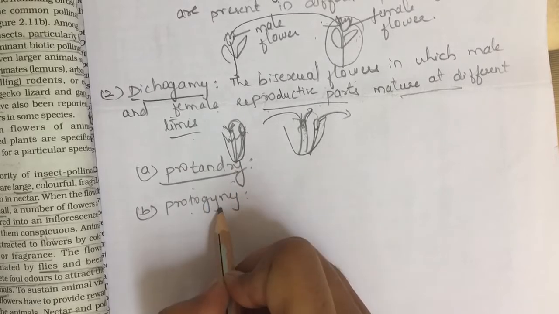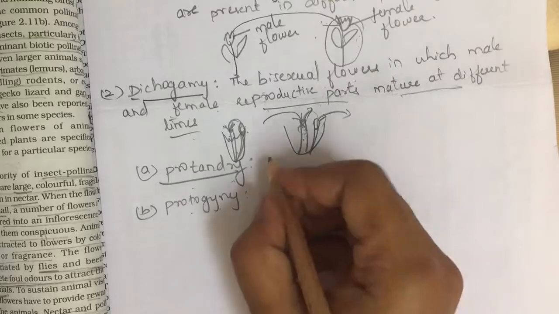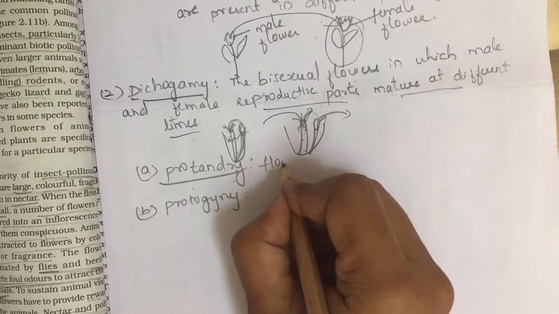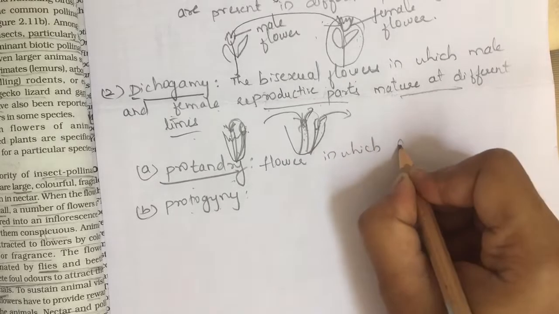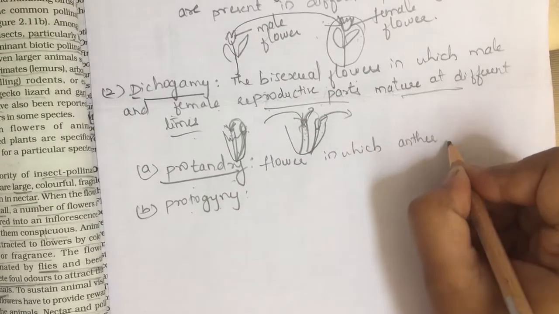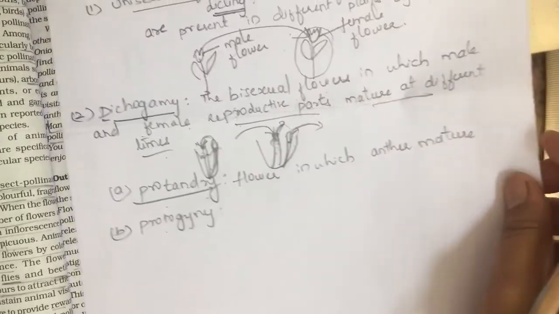Protandry and protogyny. Protandry is what? A flower in which the anther matures earlier to the stigma.